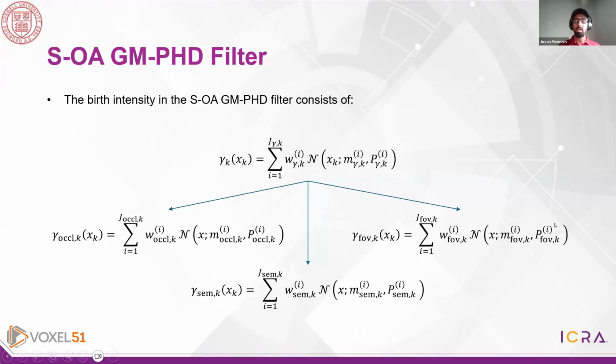The one on the left, the occlusion term, is for occlusion reasoning, which helps us prioritize regions where we expect objects to enter the scene, or the sensor field of view, based on the occlusions. The center term is for semantics, wherein we leverage deep learning-based semantic models to provide us regions in the sensor field of view where we expect new targets to enter. And on the right is the sensor boundary.